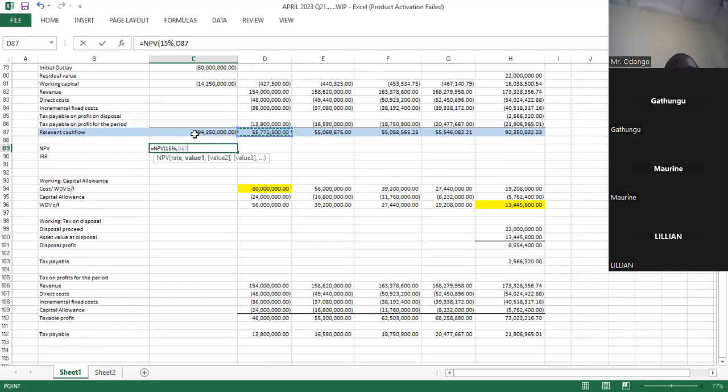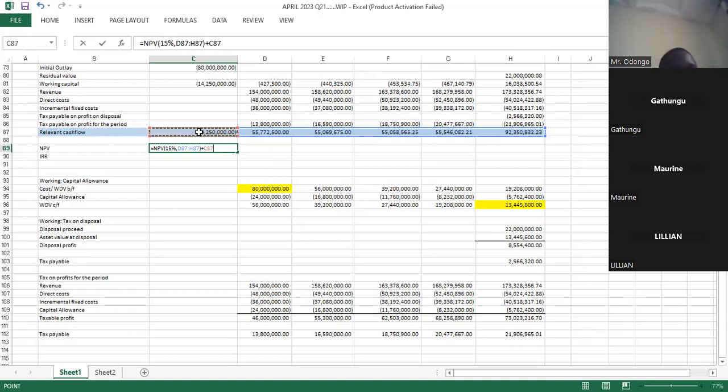Leave out the initial outlay for period 0, and extend to year 5. I close the bracket, and then add the initial outlay.